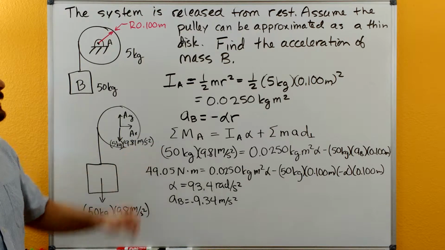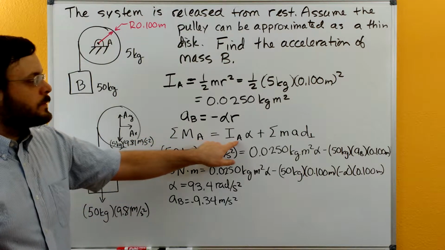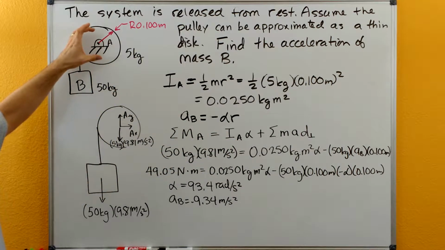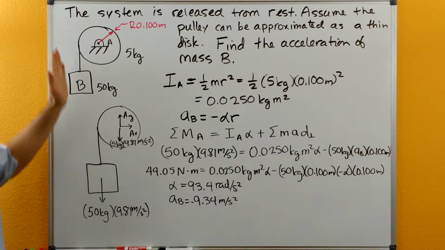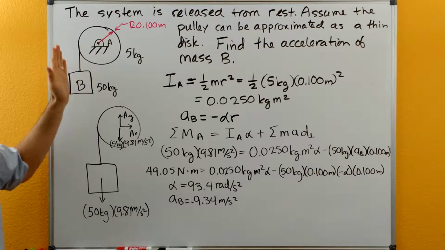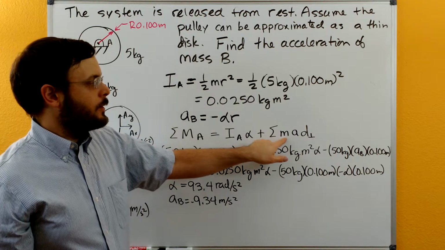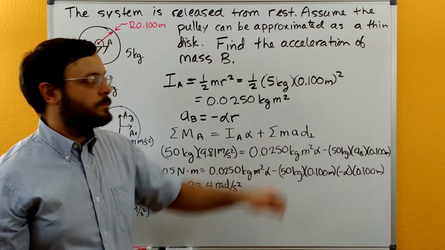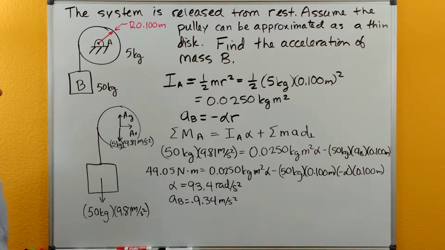Then we can do our sum of moments about A. Our sum of moments about A is going to be equal to the moment of inertia about the center of gravity for the pulley. But we also have this point mass that's moving around with accelerated motion. So we're going to need to add up all of the point masses times all of their accelerations times their perpendicular distances back to A to be able to account for that as well.